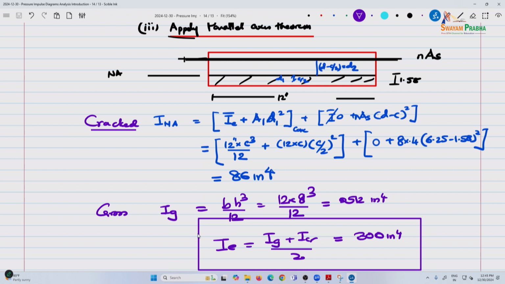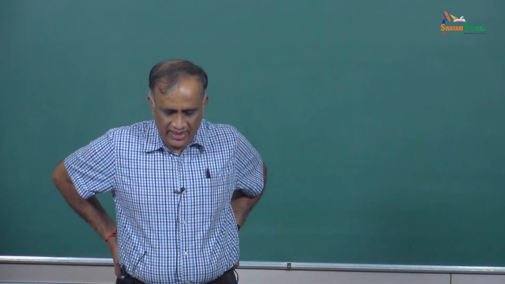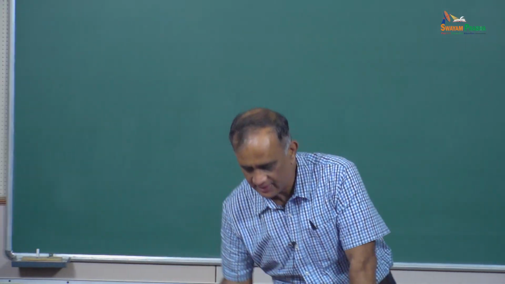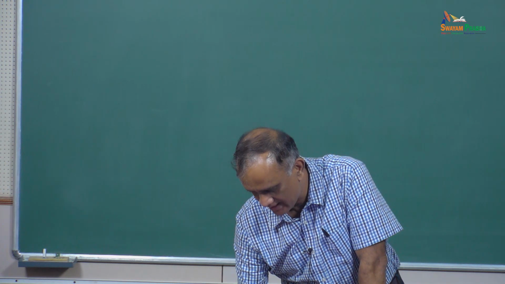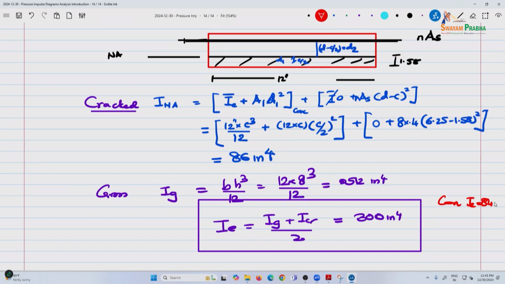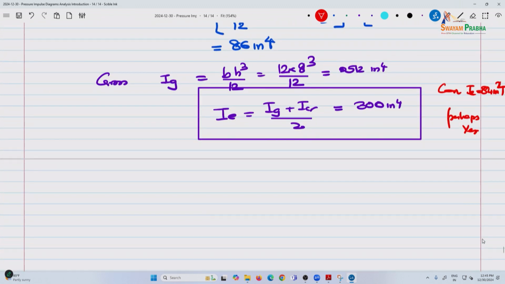You get much higher, but those are some decisions you have to make, practical decisions. Can IE be equal to 84 inches to the fourth? Perhaps yes. You can try out. What I would recommend in this case is, if I were doing it, I would check both, check my deflections, go through the procedure twice, come up with my own judgment.